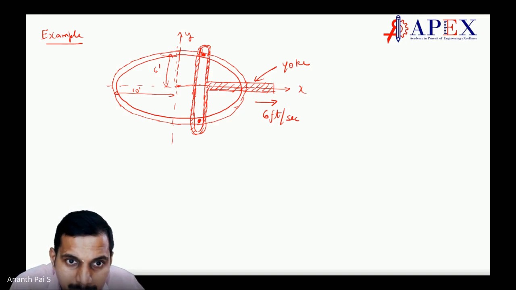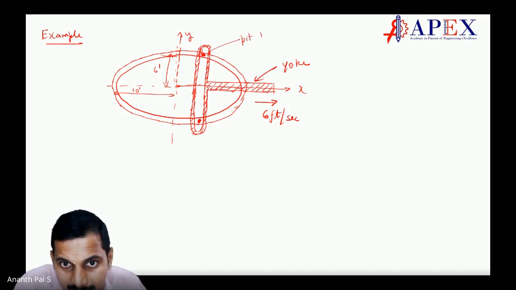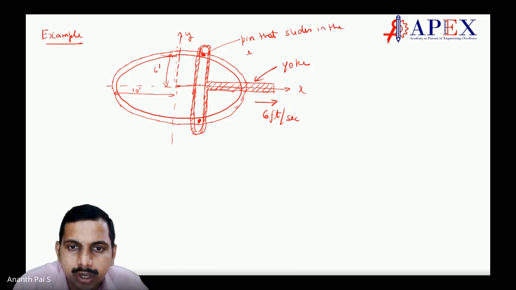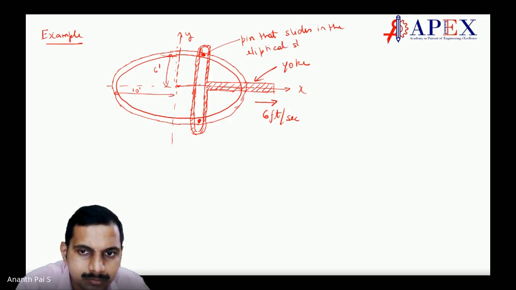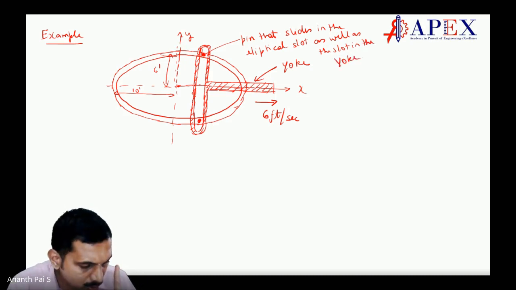And this is the pin, the pin that slides in the elliptical slot as well as the slot in the yoke.